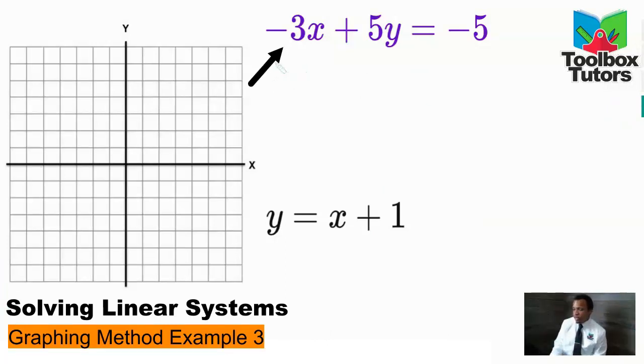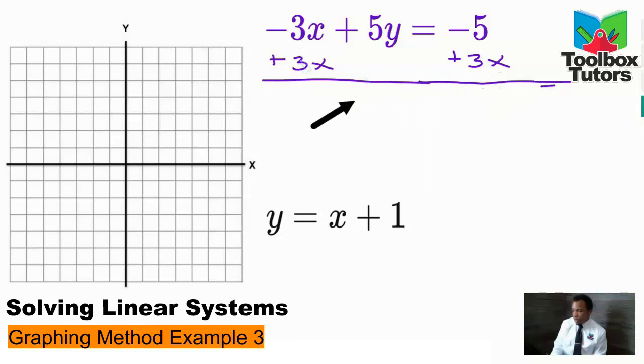So to get rid of this -3x, we're going to do the opposite of subtracting 3x, which is adding 3x. So now these 3x's cancel out on the left side of the equal sign. We can bring down our 5y. We have our equal sign, and -5 plus 3x, those are not like terms.